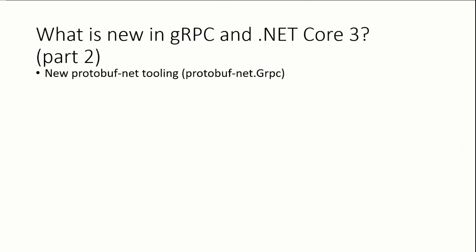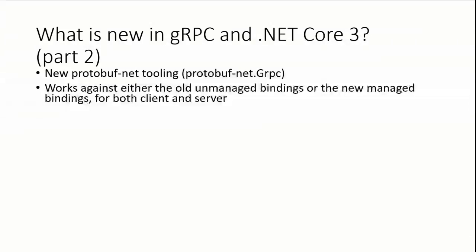That's nice. So I'm writing some new tooling looking at gRPC that works either against the old unmanaged bindings or against the new managed bindings, for both client and server, that can use protobuf-net, although I'm trying to make that pluggable if you want to use other transports, other serializers.